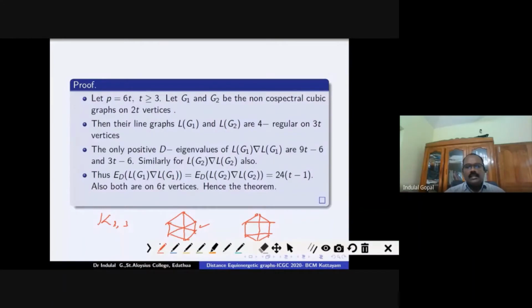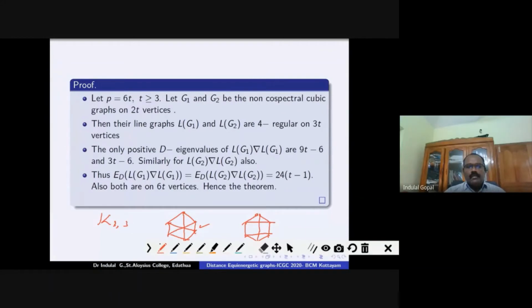There is a classical result that the adjacency eigenvalues of LG1 and G1 are related by lambda_i + r - 2. If lambda_i is an eigenvalue of G1, then lambda_i + r - 2 is an eigenvalue of L(G), together with -2 with multiplicity q - p.